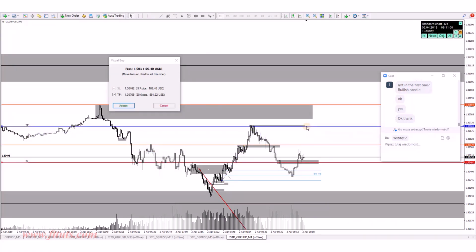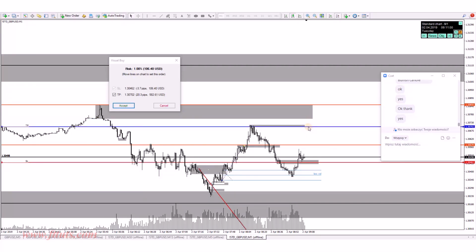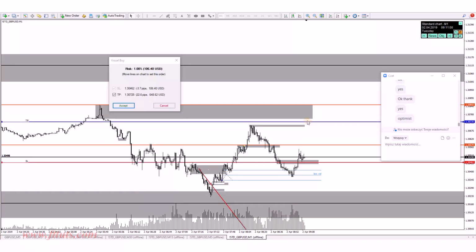And maybe to the resistance, or even to here. 1 to 7, guys, or almost 1 to 6. Optimist version, right? Okay. Of course, we will manage this as well as possible.